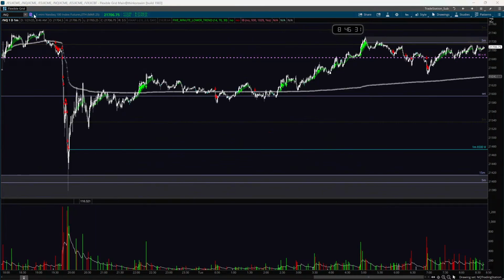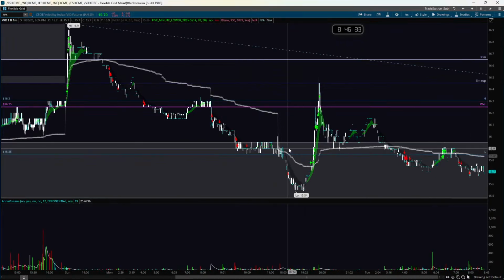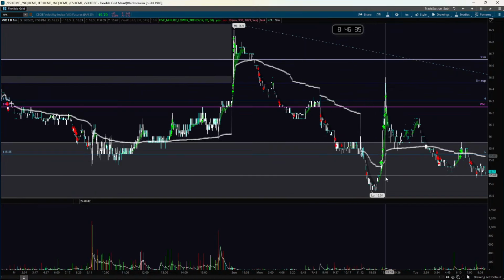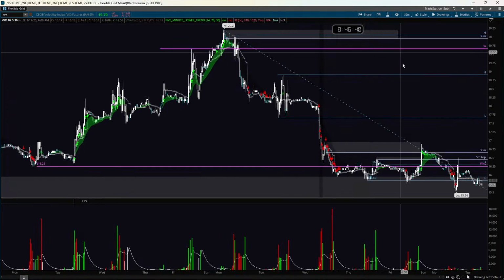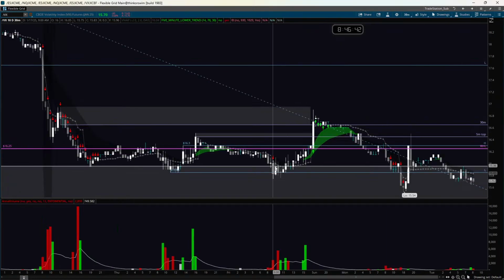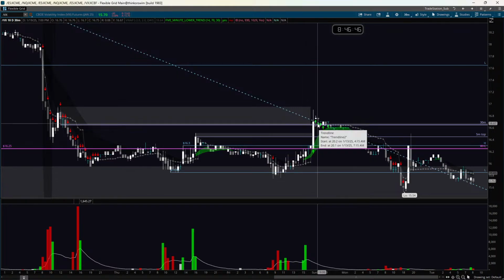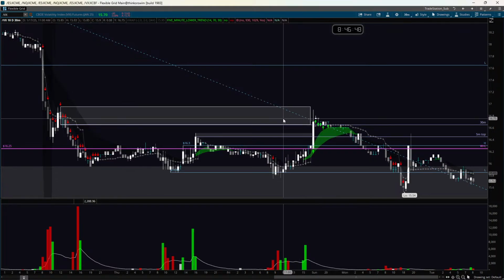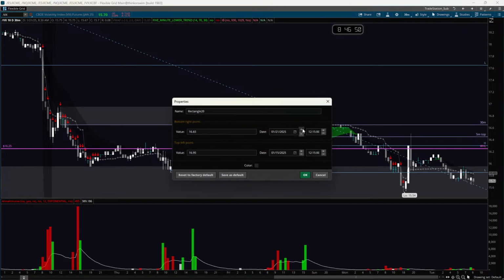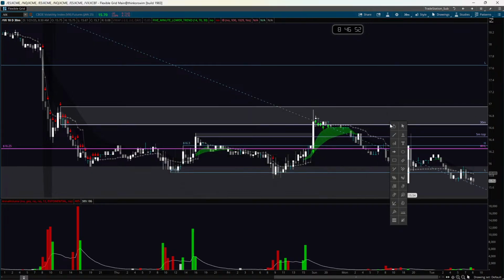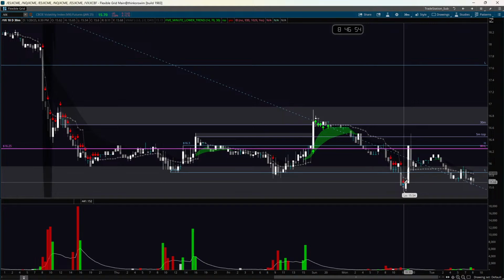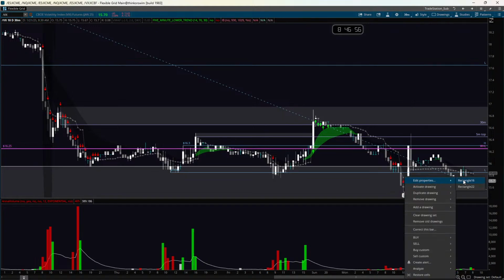Let's look at VIX real quickly. And VIX is basically down here holding this, whatever that is. All right, Friday I was praying for VIX to go up and for NQ and ES to go down, and it was just not happening. It wrecked my account, my emotional account, if anything.